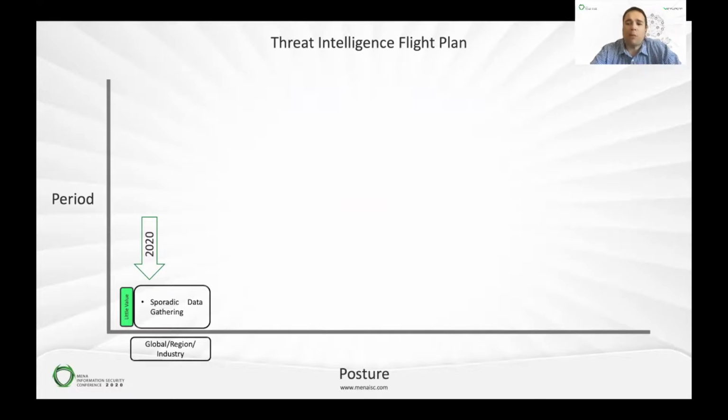Let's call this a flight plan. So where do you start off? Perhaps you've been doing some data gathering, but you're not really operationalizing the data the way that you should. So you might be a little bit further down the line than an entity that has zero threat intelligence functionality or tools or data that they want to operationalize.